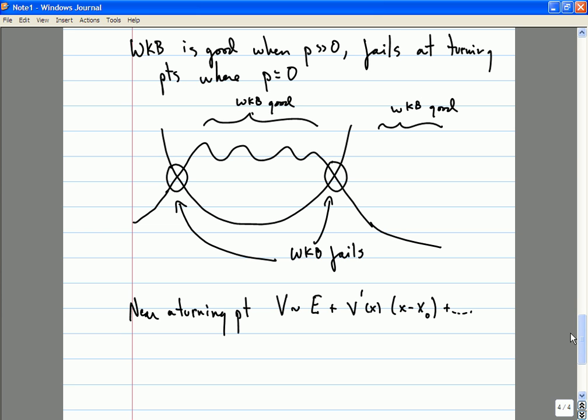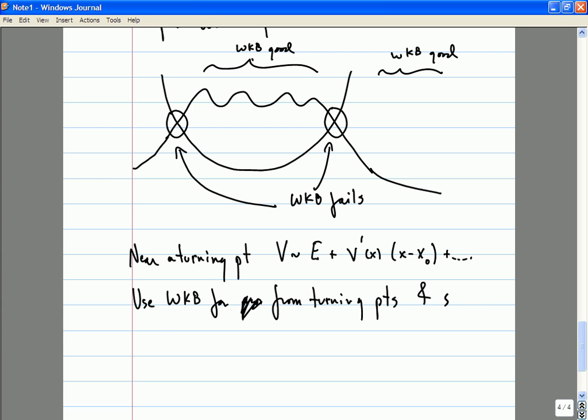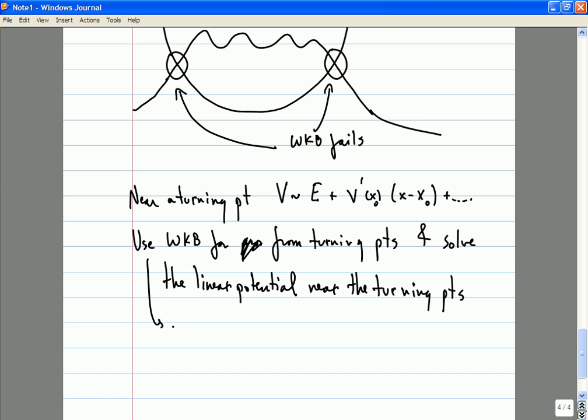In particular, what one can do is use WKB far from turning points and solve the linear potential near the turning points, and in order to obtain an approximate expression, one would then match these two solutions.